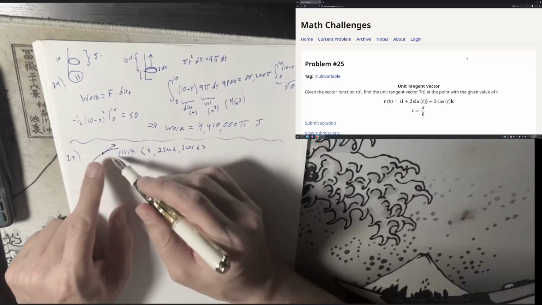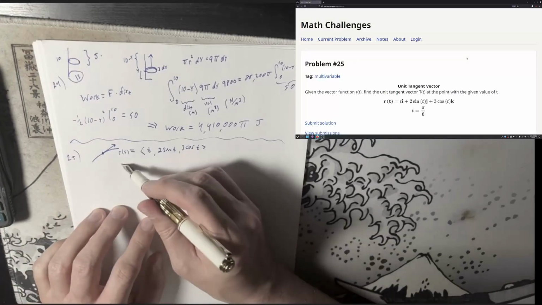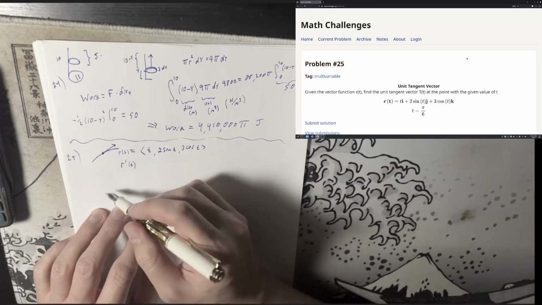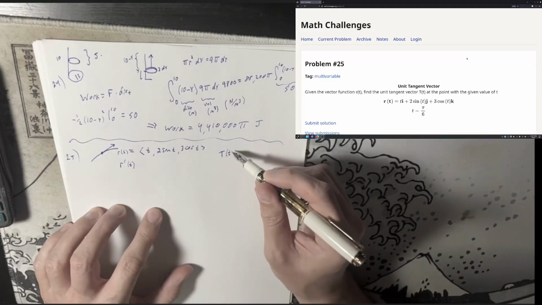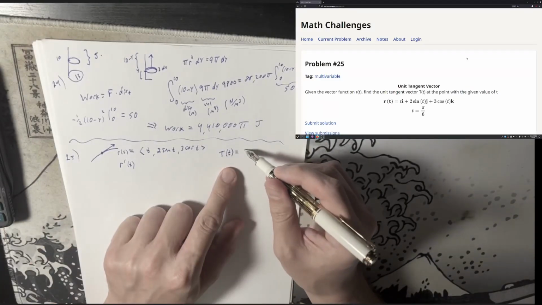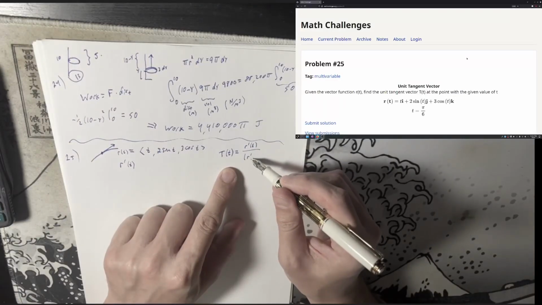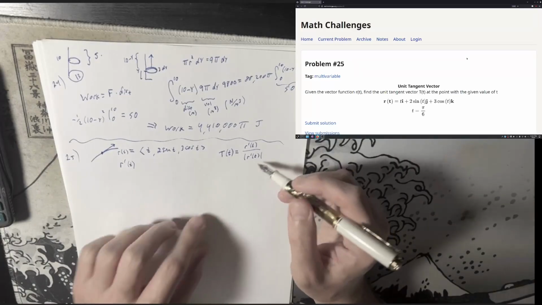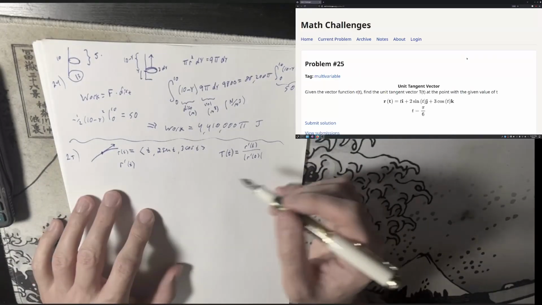So at this moment you have little derivative vectors going in the x, y, and z directions. So you just take r prime. And then all you do with that is turn it into a unit vector. So you basically just know that this is the definition of a unit tangent vector. That's one of the things you learn early on when you're talking about vector-valued functions.